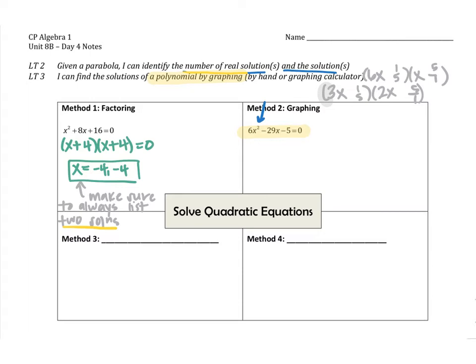But factoring doesn't always work, and that's why, as we move through here, we're going to have 3 more methods that are going to help us solve this. By the end of today's notes, you should be able to take this quadratic, 6x squared minus 29x minus 5, and solve it by graphing, okay?